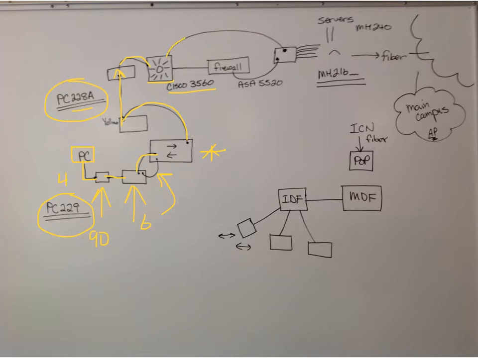Then it has a cable going across to, it's in the back, in MH216, and then from there a couple cables go over to MH240, the servers. So when you're logging in, you literally go to the servers, you get authenticated, and that information comes back.